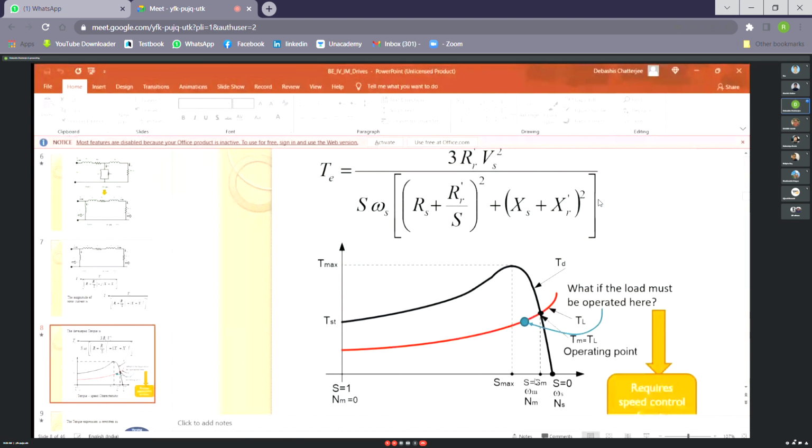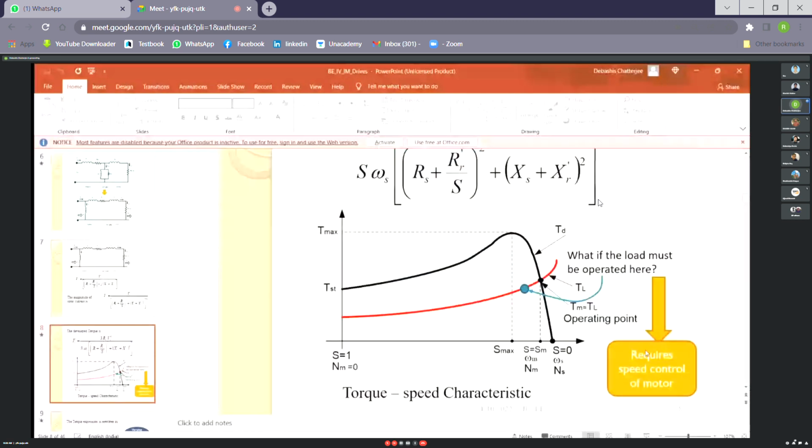Now supposing you shift the speed or the torque to this location, naturally it then requires speed control. It has been written also. Whenever you change this operating point from one to the other, you require speed control. So speed control or torque control, and when speed is controlled, sometimes you need to control the torque too, if the load is not a constant torque load.